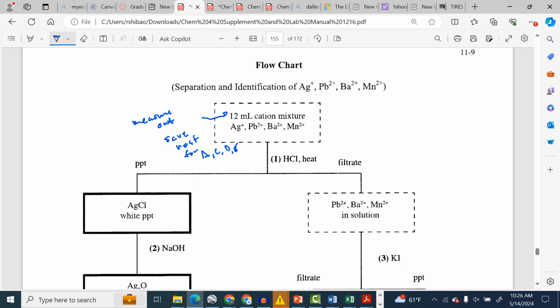So the first step is we're going to add HCl and then heat it. Actually, we do it simultaneously. We heat and add the HCl, but I would say do it in steps. So 1A, we're going to add the HCl. So what happens to each ion when we add HCl? Well, silver ion likes what?